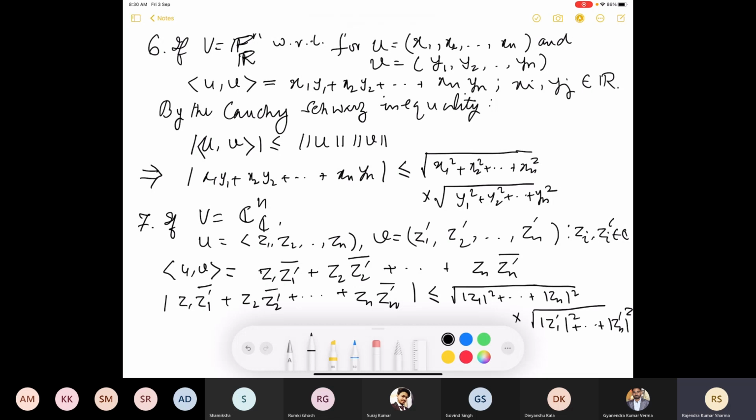So this is what is called the application of the Cauchy-Schwarz inequality to the complex inner product space Cn over C.